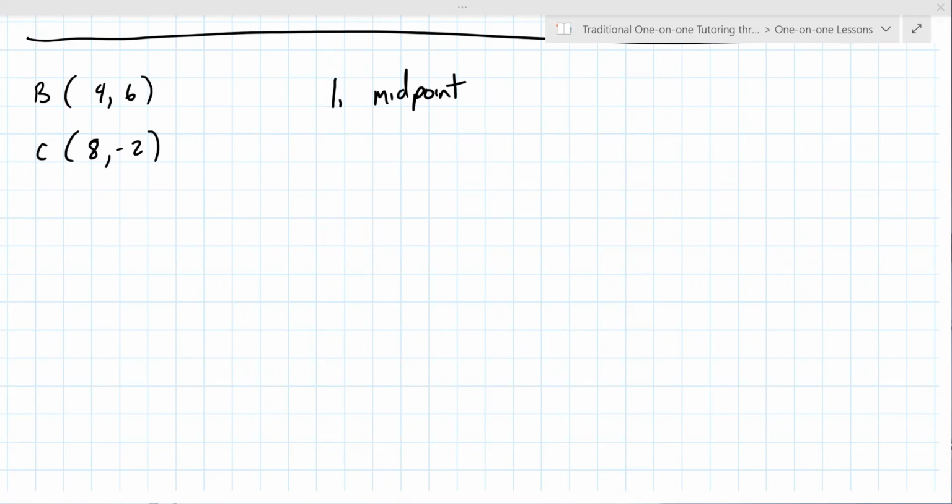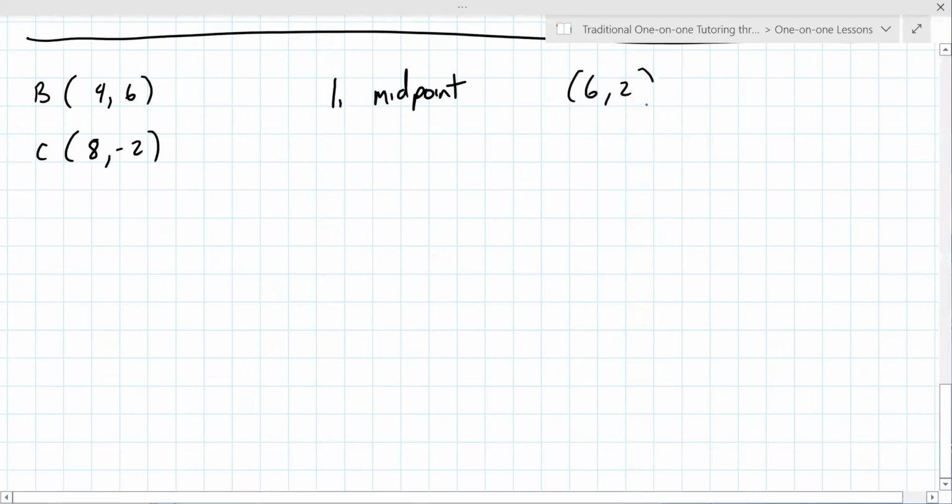Okay, Sourish, you got to have an answer. For the midpoint, it's 6, 2. Yes, that is correct. All right, now let's do the slope. Let me do the slope on my own. Good.